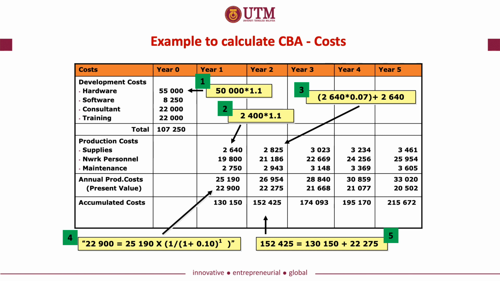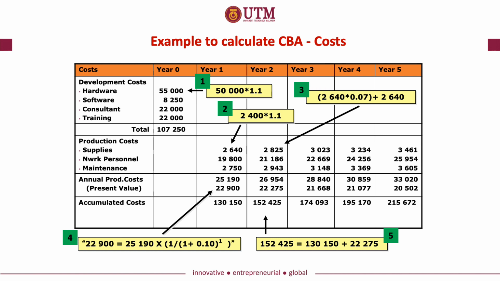First, the development cost is presented in the year 0 column. Hardware, software, consultant, and training criteria are all development costs. The estimated cost for each criterion should then be multiplied with the sensitivity factor rate 1.1. For example, the asset value for hardware is 55,000 after 50,000 is multiplied with the cost sensitivity factor rate 1.1.